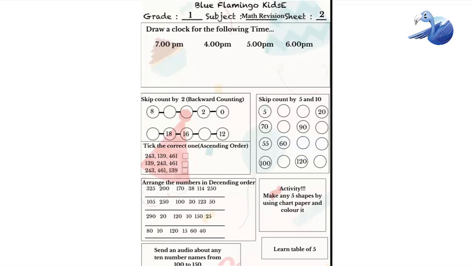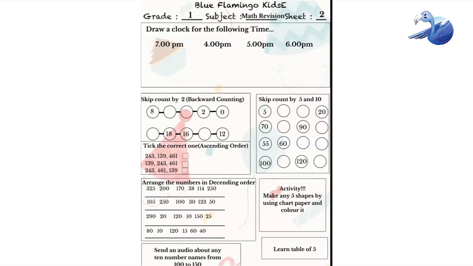First is 7 p.m. So we draw a clock and the small hand of the clock is on 7 and the big hand of the clock is on 12.